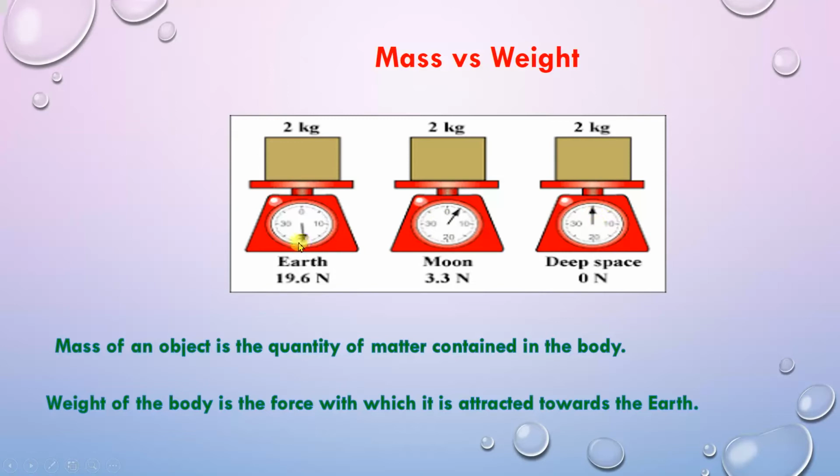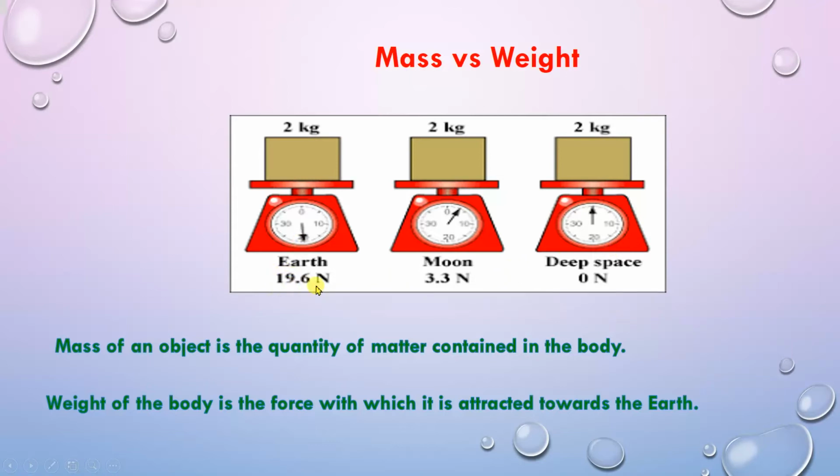Why is it different? Actually, they are placed at different places. The first weighing machine is at Earth, the second weighing machine is placed at Moon, and the third is placed in deep space. So the weight of the object depends on where the object is. So the values are different.